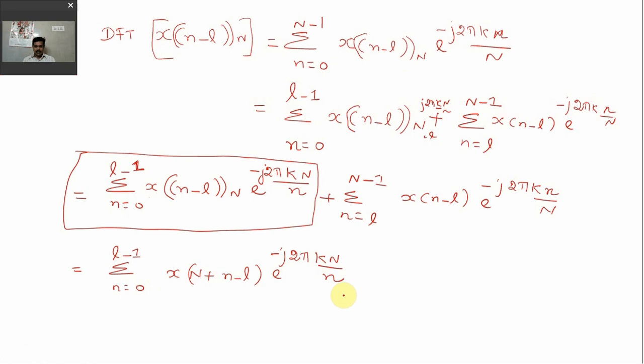So in this you take n plus N minus L equal to m.